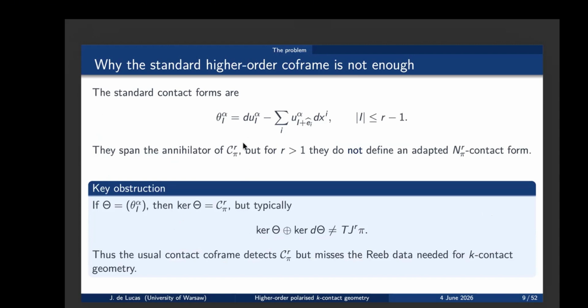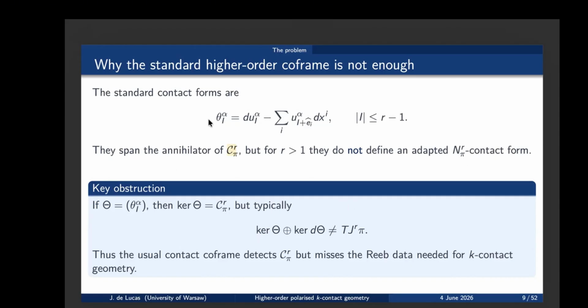So how it looks like, as I said here, is the usual stuff: you have the theta alpha I. As I said before, the kernel of all this stuff gives you the Cartan distribution, but they don't define an NR pi contact form.